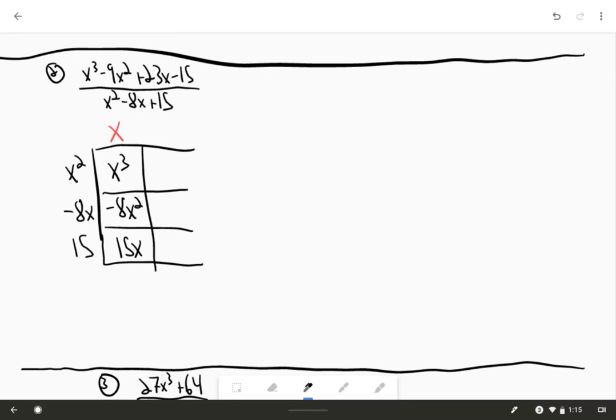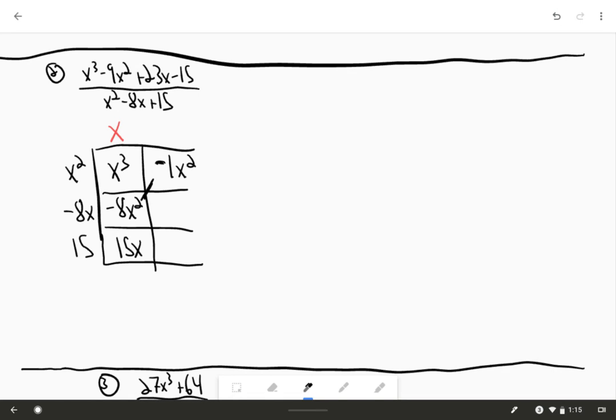Now I'm going to look at this diagonal. Notice I have negative 8x squared, but I know that I need negative 9x squared, which means I need to put a negative 1x squared here. Negative 1x squared and negative 8x squared becomes negative 9x squared.